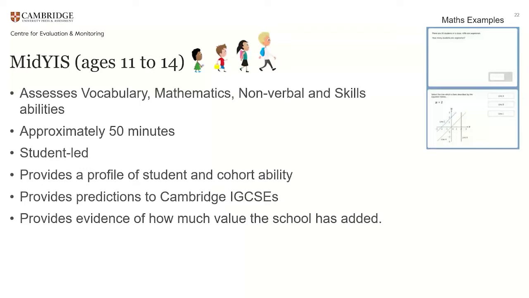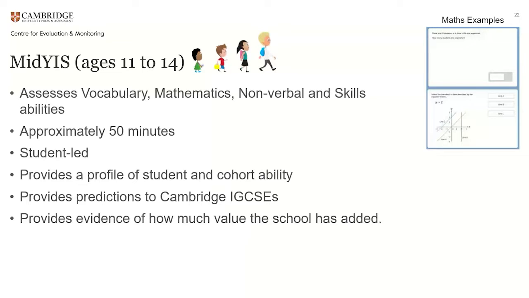And also it can help with those conversations about subject choice as well. But either way, you've got 4 or 5 years before students go on to do their actual GCSEs. So you've got lots and lots of time to work on any areas that might be of concern for particular students.